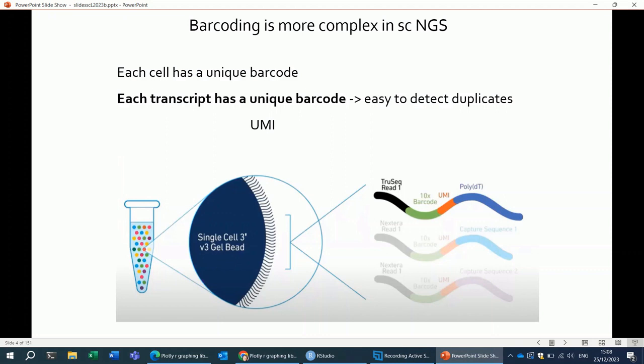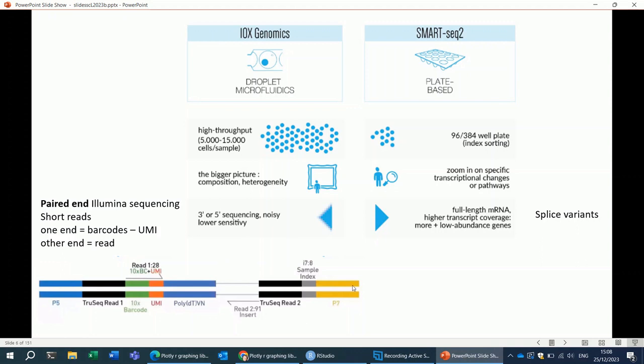The other sequence that you generate on the other end of the transcript will contain 100 bases of the end of your transcript. So that's what you see here. You generate paired end data, but one end is just your barcode and your UMI. The other end is the actual sequence from the transcript.